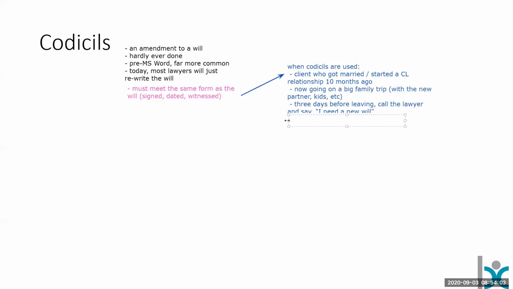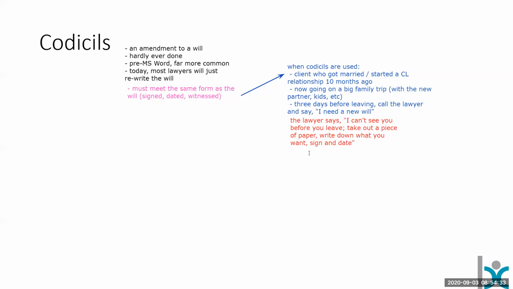And so the lawyer says, look, I can't see you today, or I can't see you before you leave. So take out a piece of paper, write down what you want, and sign it. And what you've essentially created now is a holograph codicil.